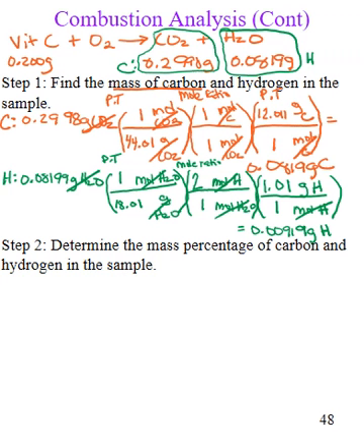Step number 2, determine the mass percentage of carbon and hydrogen in the sample. Okay, so how would I do that? How would I figure out the mass percentage? Remember the mass percent.